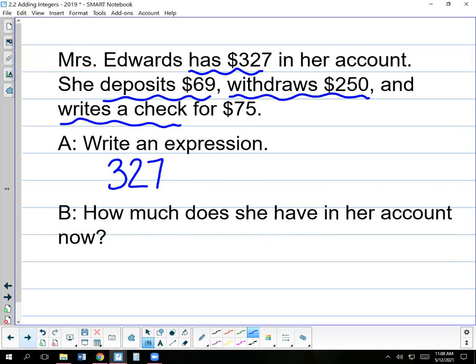Okay, then I deposit $69. Then I withdraw $250, and then I write a check for $75. Writing a check is the same as swiping a card, taking that money. Checks take a little longer to post, which is called posting, but yeah.